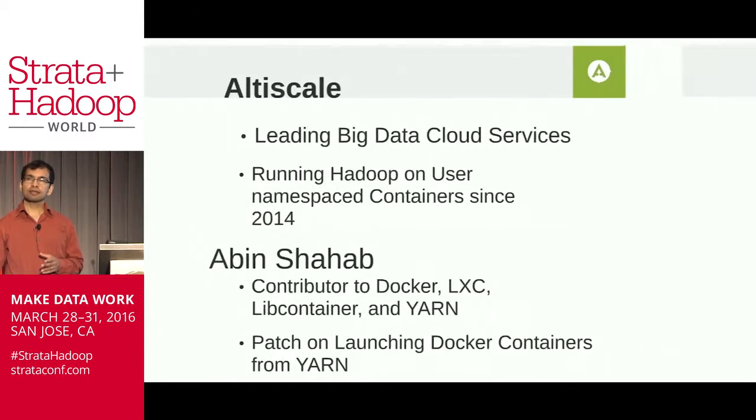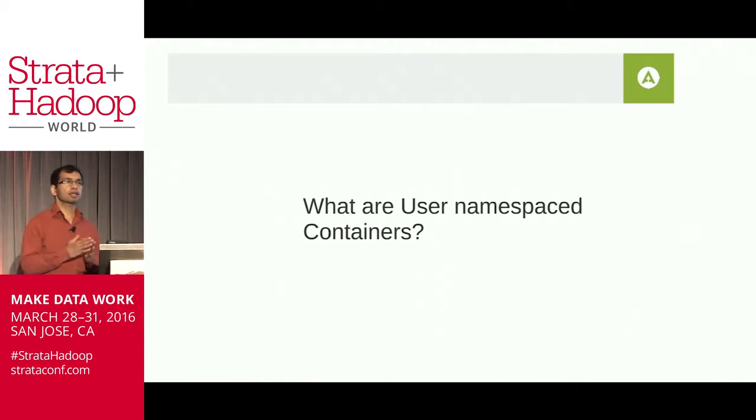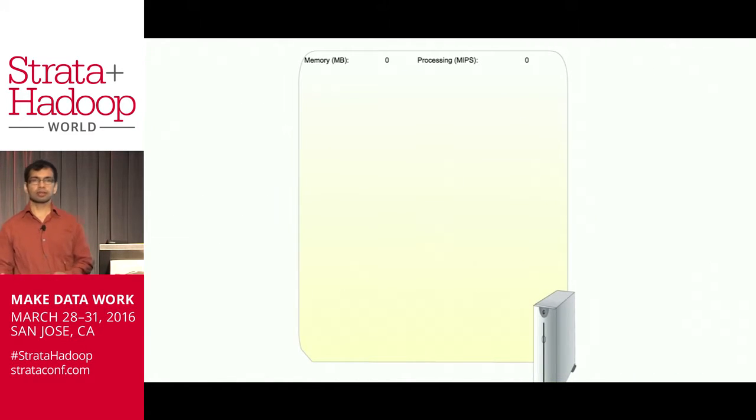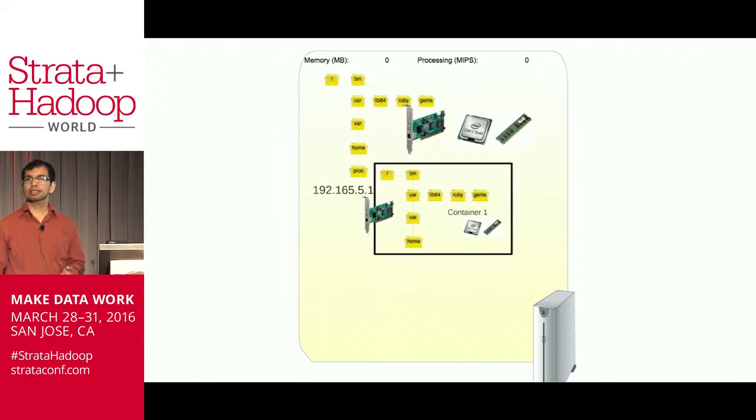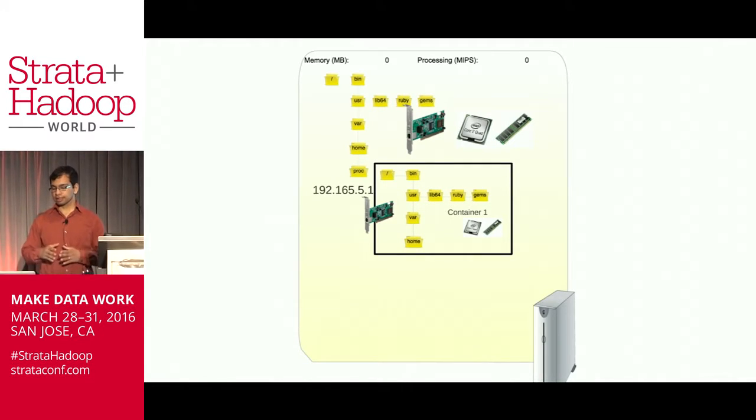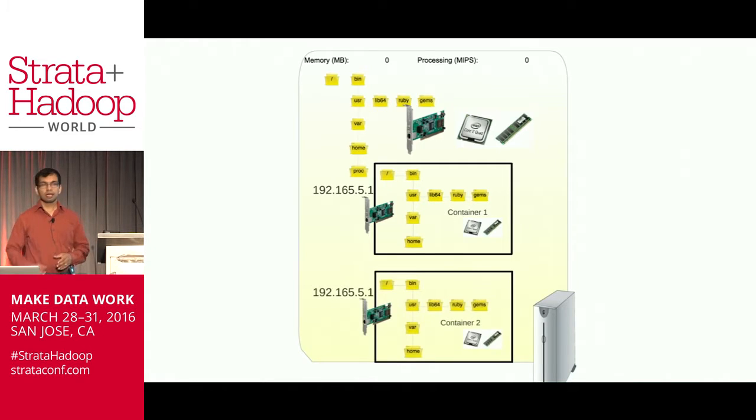But what I want to discuss first is what are containers and what are user namespace containers. As many of you probably know, in a machine, there are resources such as file system, network, CPU, and memory. And with a container, you have the capability to carve up parts of those resources for the processes that are running inside the container.